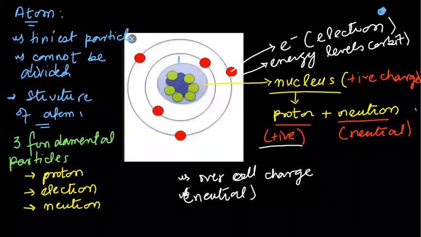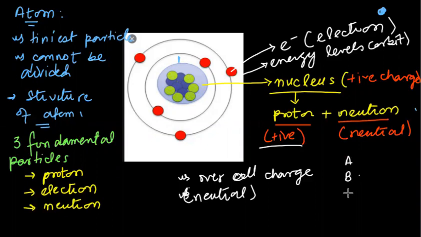Okay, normally an MCQ is asked in the examination regarding this: which of the following fundamental particles would not be deflected by the electric field? They would be providing you three options, A, B, and C: electron, neutron, and the last one, proton.